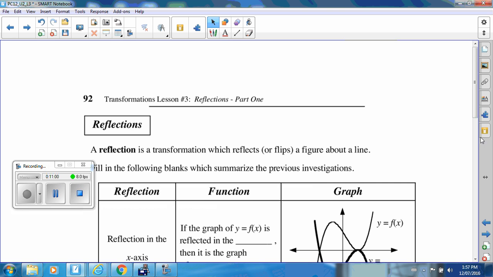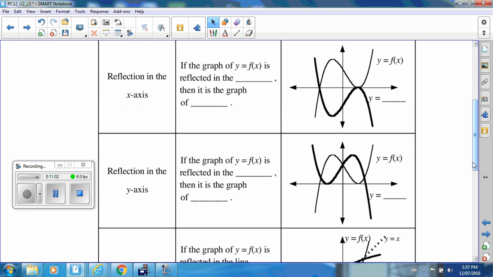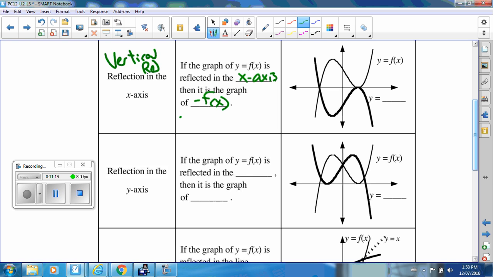So here we go. This is just some notes. This is a graph reflected in the x-axis, and it's a graph of negative f at x. This we also call vertical reflection. This would be a horizontal reflection.